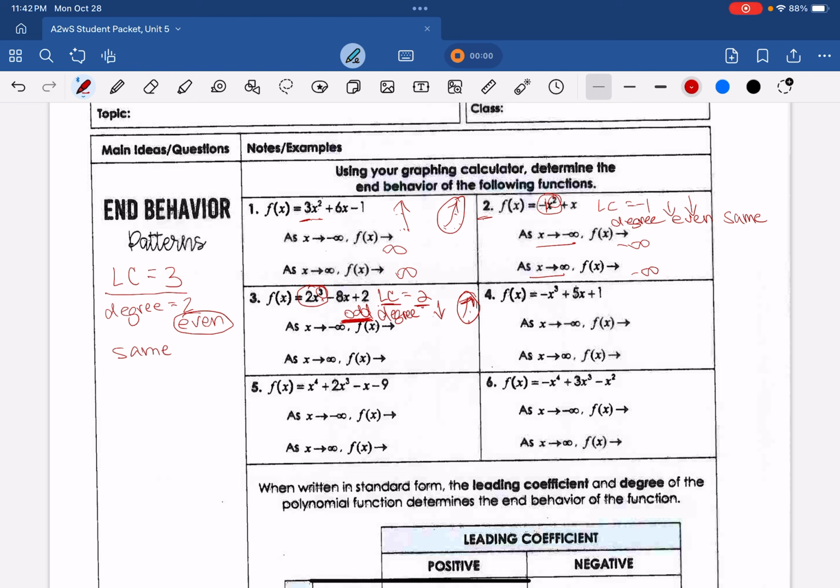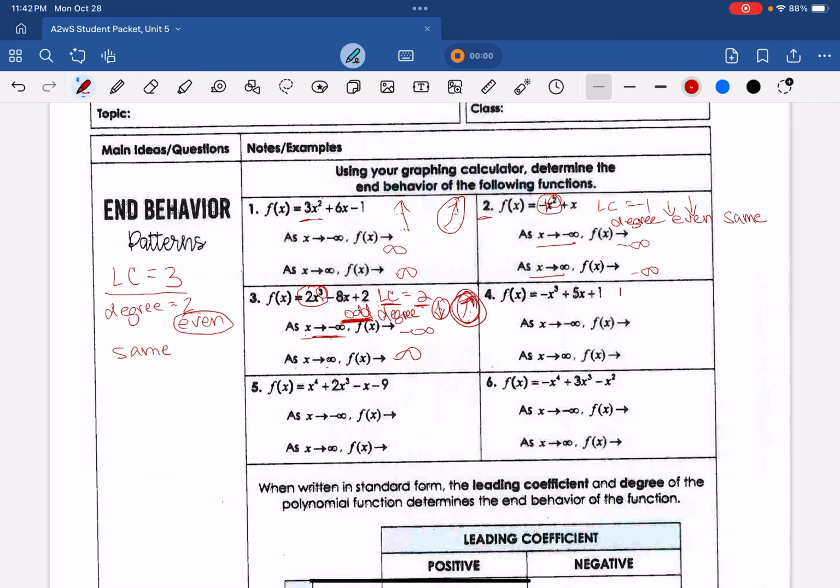So the lead coefficient tells us what the right side is doing, and the left side would do the opposite. So now we just got to figure out which is the left and which is the right. So as x approaches negative infinity, that's the left side. So that's negative infinity. And as x approaches positive infinity, that's the right side, so it approaches positive infinity. And it's kind of messy. I'll try to be a little neater on this next one.